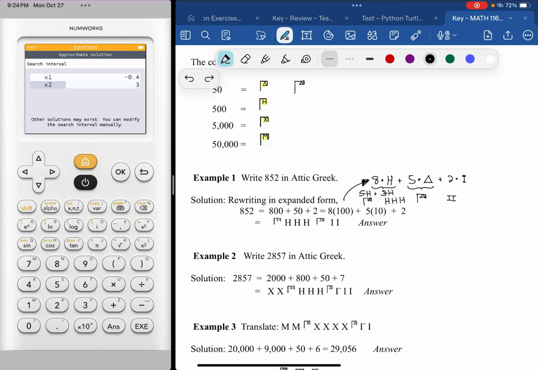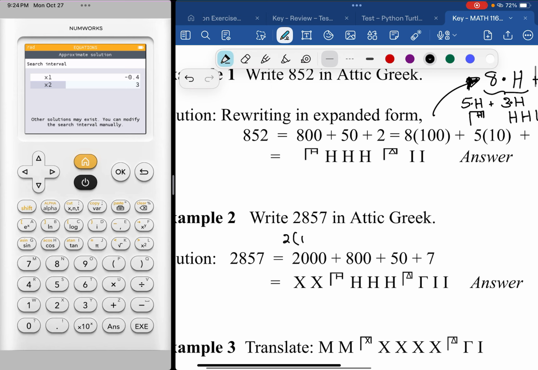Okay. So example 2 is along the same lines. 2 of those thousands, 8 of the 100s. You could say 5 of the 10s if you want, and 7 of the 1s, but again, you could also think of this as the penta delta, right? And the idea with the 800, same as what we did up here, this would make up 800, so that's going to correspond with this. We only have 2 of the thousands, all right, so 2 of the chis.